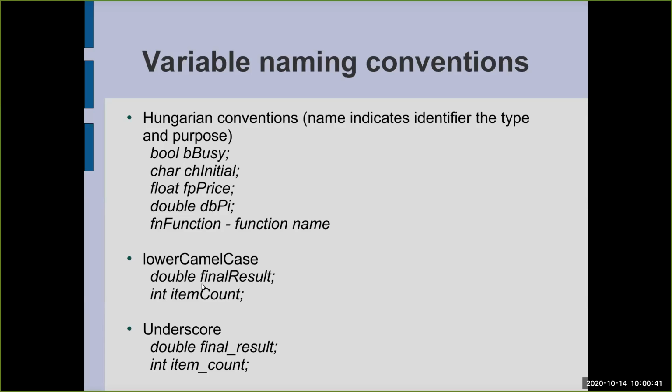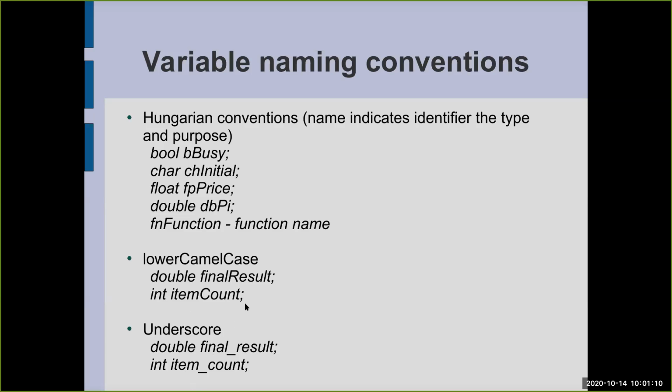A very popular convention is lower camel case. So the first character of the variable is lowercase, but the other words start with uppercase. And in C++, very popular is the underscore convention, where the words are split with an underscore.